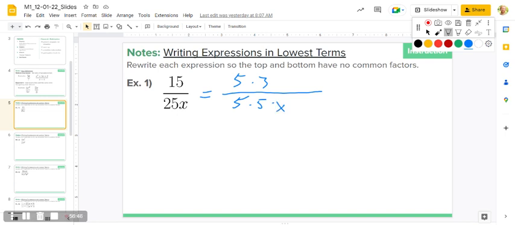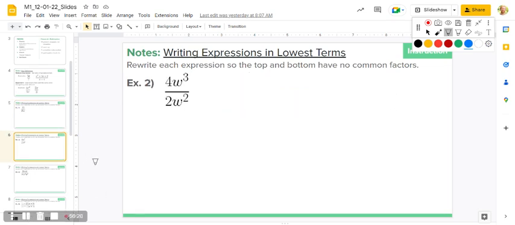Once I have everything expanded out, I can start canceling out terms that show up on top and bottom. So we have a pair of 5s that show up on top and bottom. And that leaves me with 3 divided by 5x. And that is my expression in lowest terms. I can't bring this down any further.